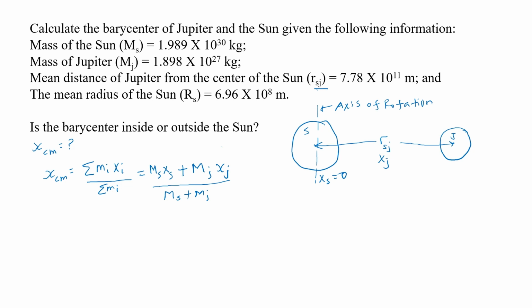And let's plug in the numbers. So the center of mass x sub cm is going to be the mass of the Sun, which is given to be 1.989 times 10 to the power of 30 kilogram, multiplied by 0, that's the distance of the center of the Sun from the axis of rotation, which is along that center, plus the mass of Jupiter, 1.898 times 10 to the power of 27 kilogram, and its corresponding distance is the mean distance between the center of the Sun and Jupiter.